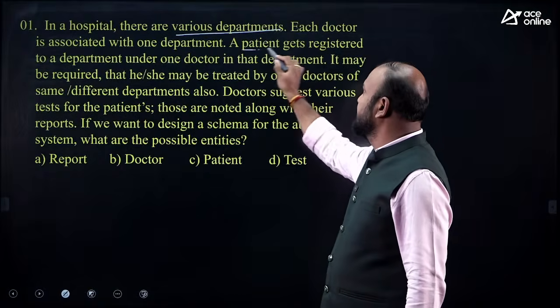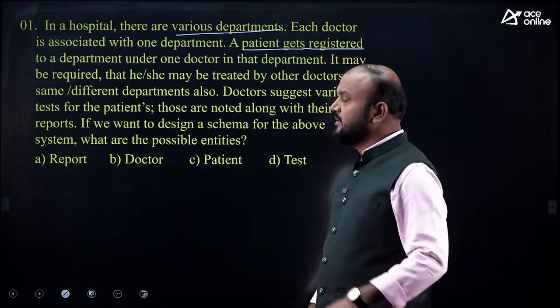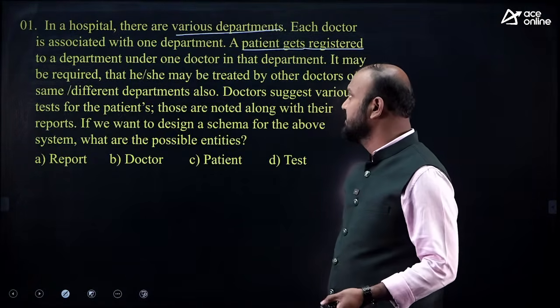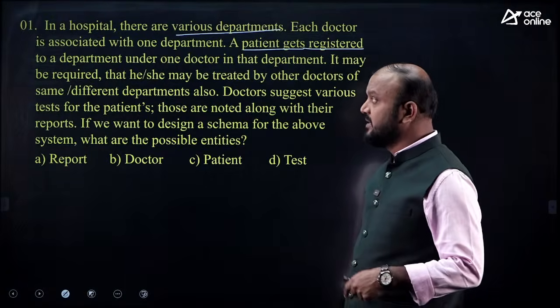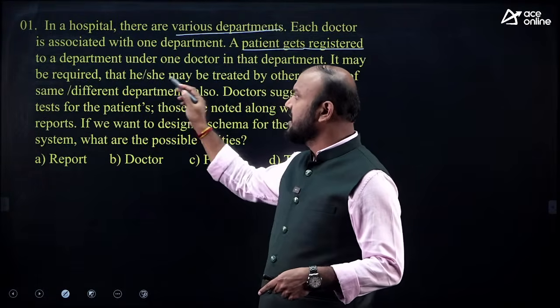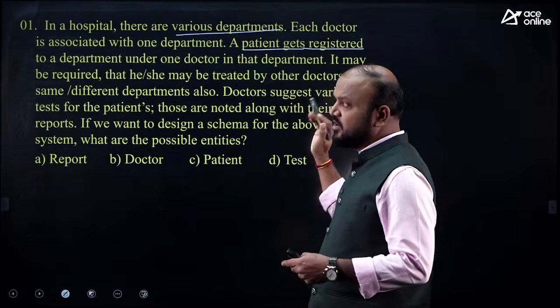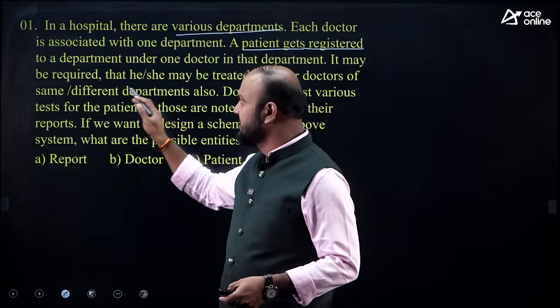A patient gets registered to a department under one doctor in the department. It may be required that he or she may be treated by other doctors of the same or different departments.